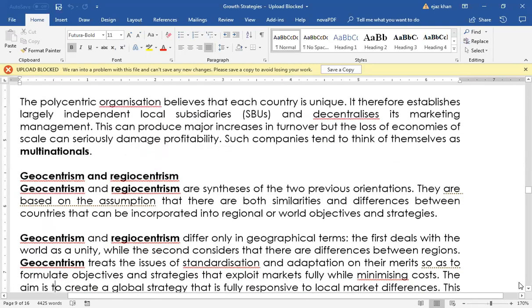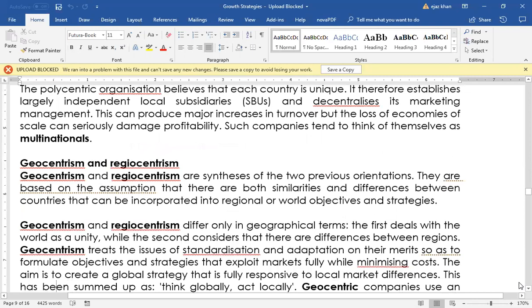Then we have geocentrism and regiocentrism. Now, the only difference between the two strategies or the two orientations is the geography. Geocentrism believes that there are commonalities, there are similarities between different countries, and by exploiting or analyzing those similarities, you can come up with a strategy which may have a global aspect.